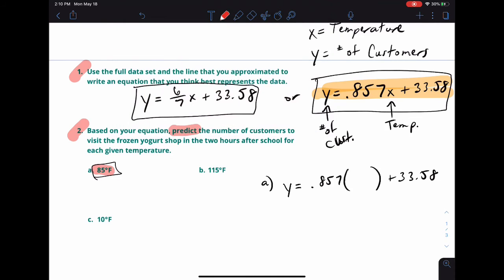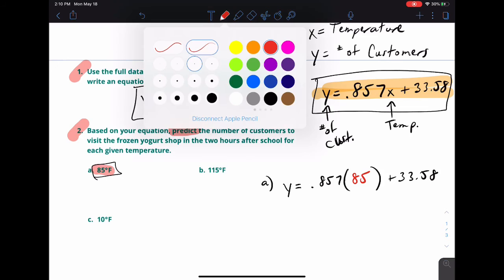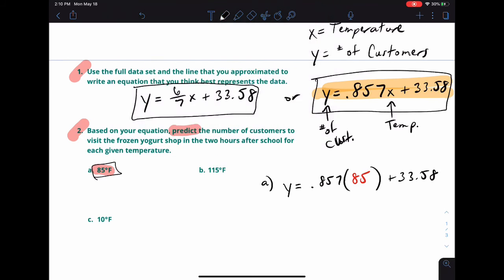Solve for Y. Well, Y is already by itself, so all I have to do is a little bit of math.